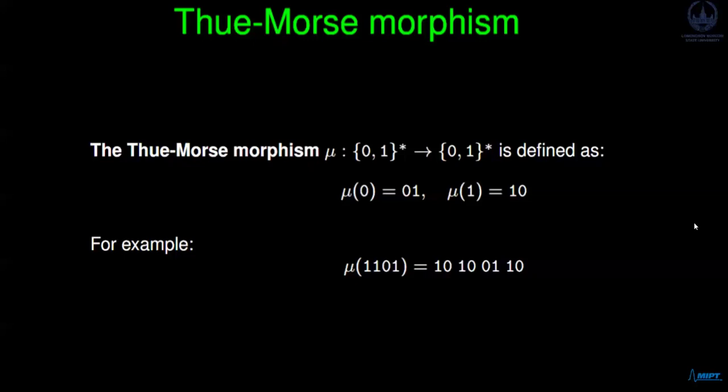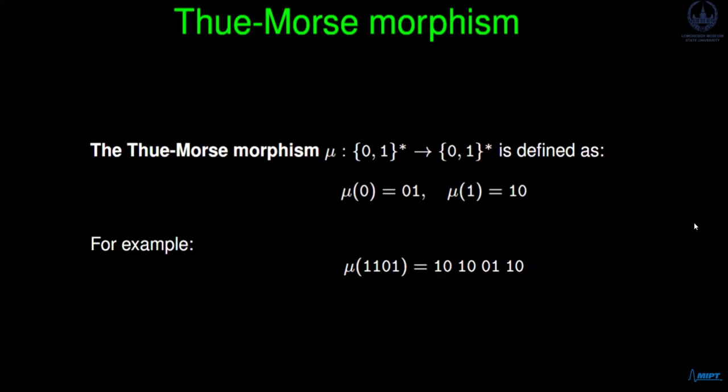Next, let's discuss the Thue-Morse morphism, which is a well-known example of how morphisms can generate interesting sequences. The Thue-Morse morphism mu is defined over the binary alphabet 0 and 1 and maps its symbols as follows: mu of 0 goes to 01, and mu of 1 goes to 10. So if you apply the morphism to a word, each 0 in the word is replaced with 01, and each 1 is replaced with 10.